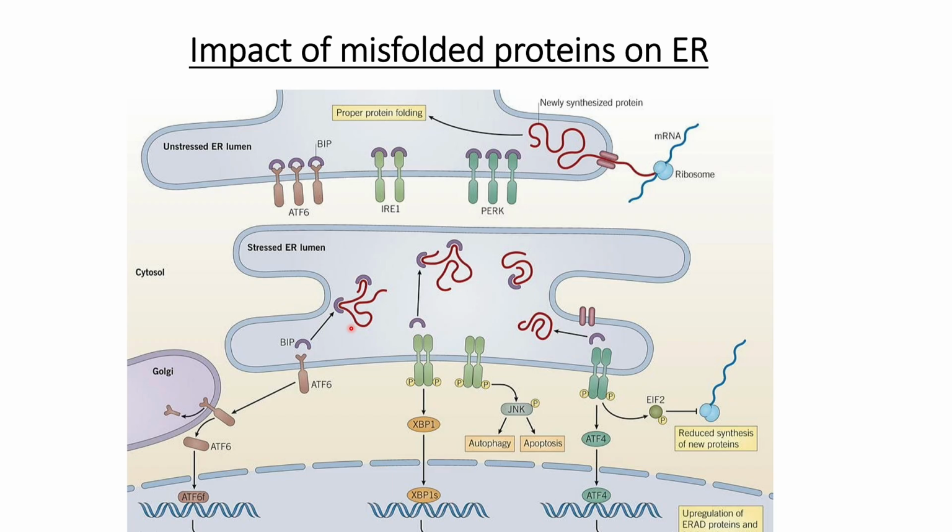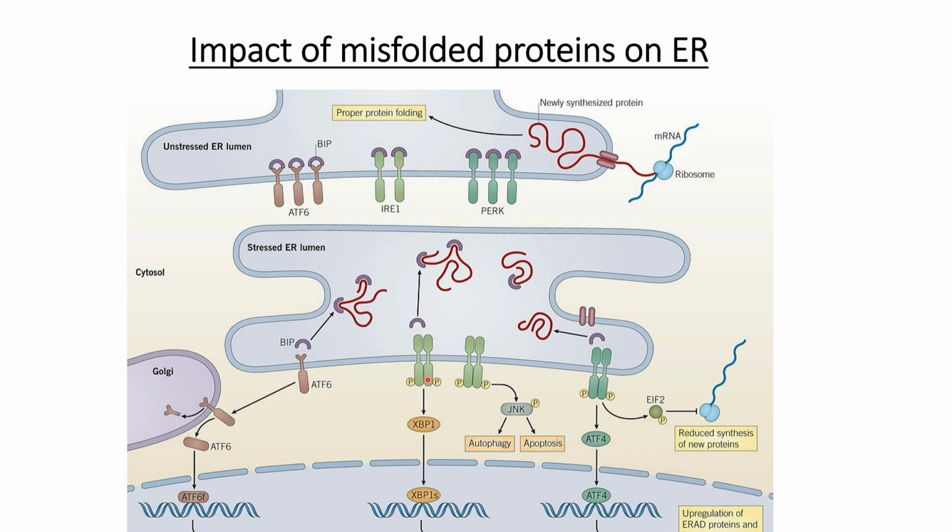When the BIP proteins leave these transmembrane proteins and go into the ER lumen, the transmembrane proteins are no more blocked by GRP78, and they start their work and initiate the unfolded protein response.